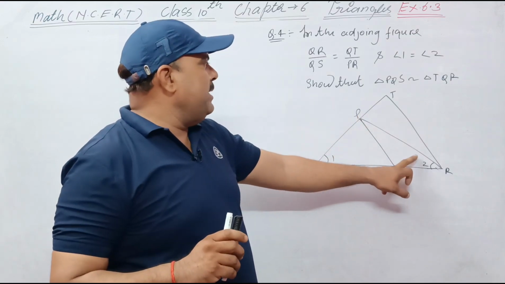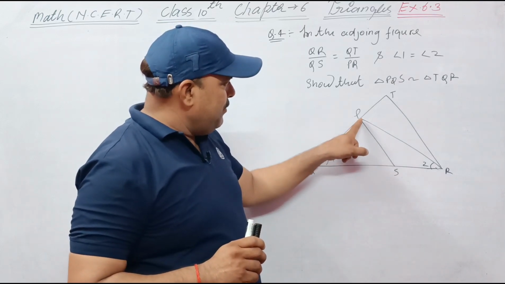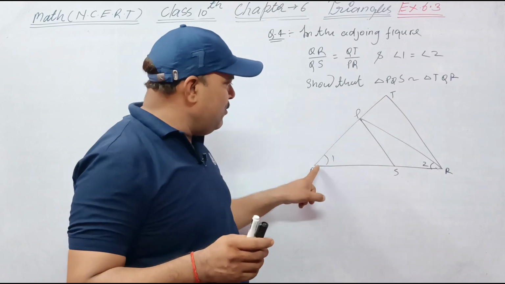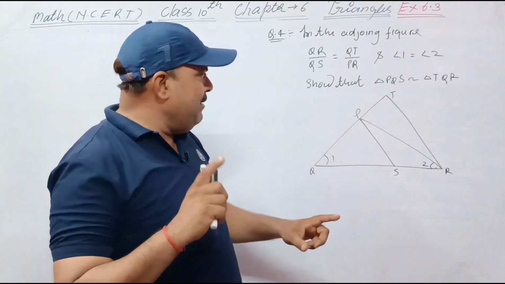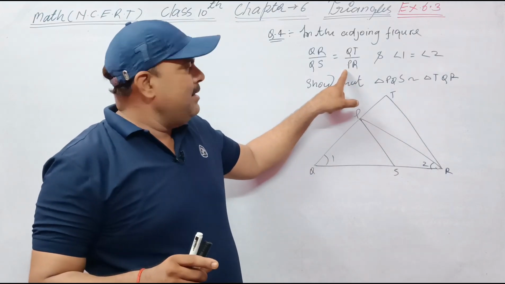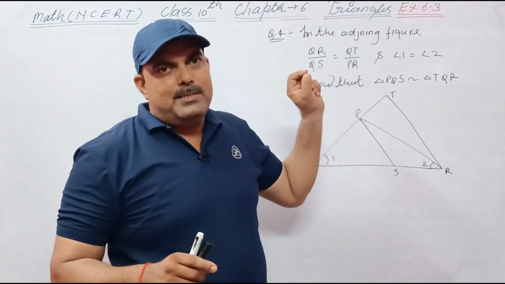We have to prove that triangle PQS is similar to triangle TQR. It means we have to eliminate PR from the given condition. PR is unnecessary in this condition.